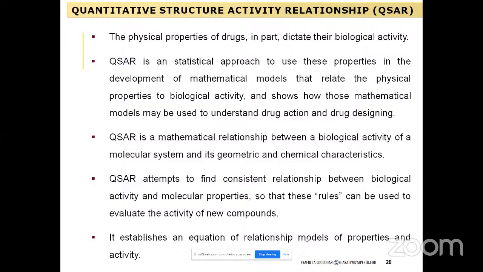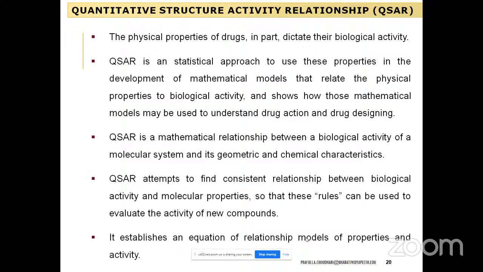It means that if the physical properties of the drug determine its biological activity, QSAR utilizes these properties to develop a statistical model to understand how they can be useful in the drug discovery process, or in the overall drug development process.